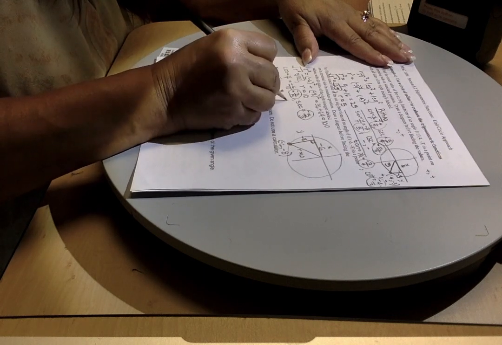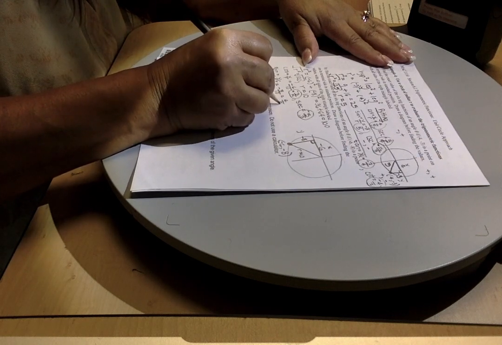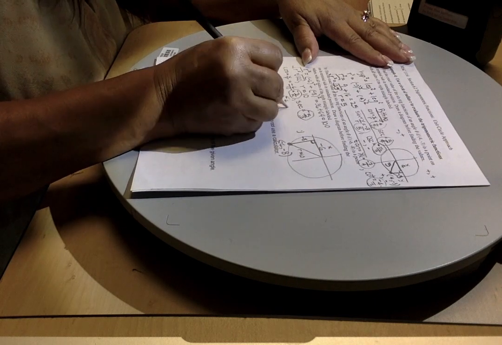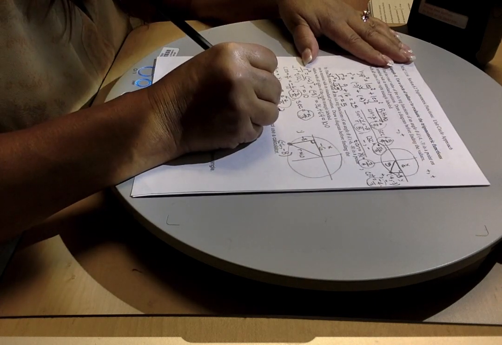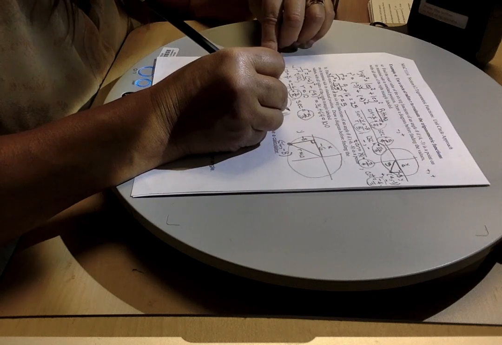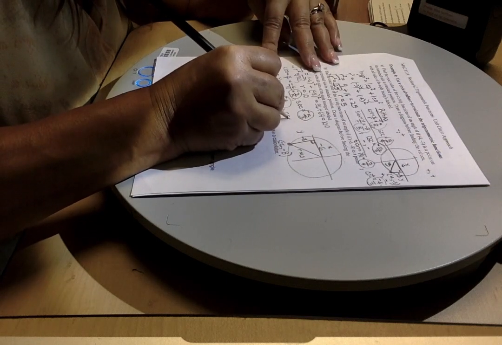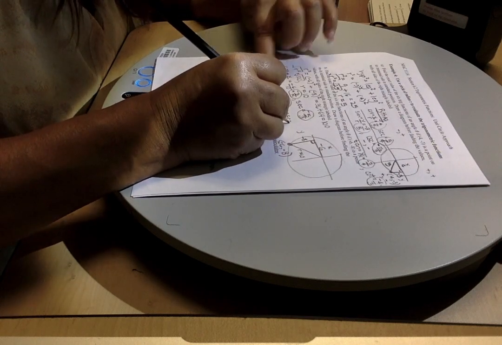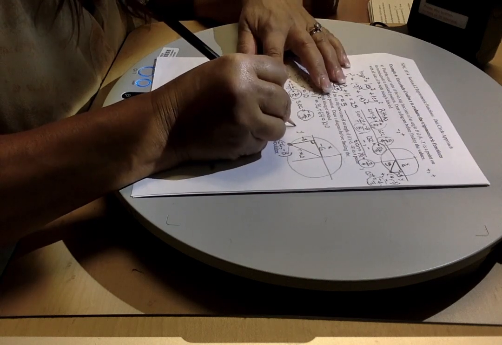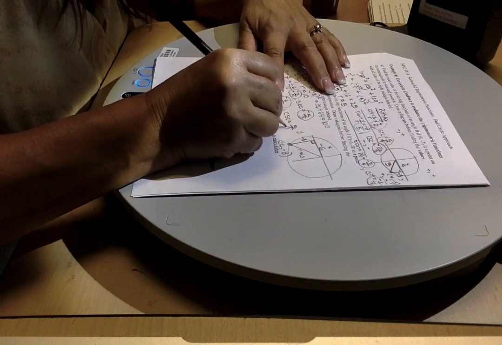Reduce it, 2 goes into the top 4 times, 2 goes into the bottom 5 times. And then the reciprocal of sine would be cosecant. You flip this over, and you get 5 over 4.